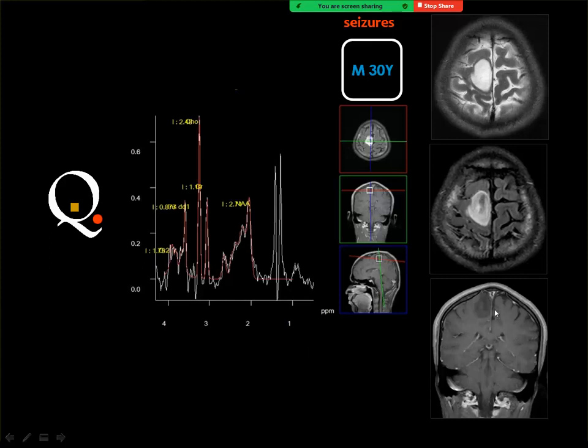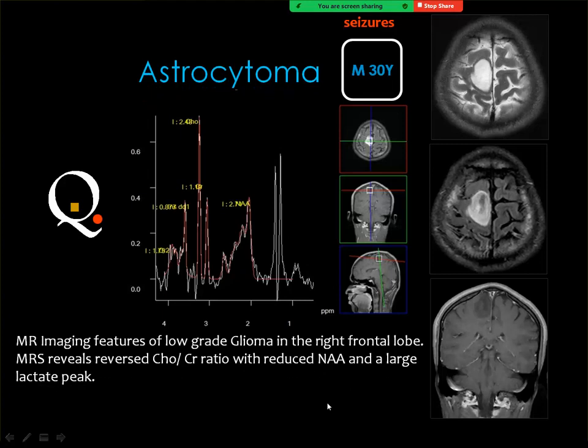The diffuse type does not enhance, and it will show the spectroscopic curve of a tumor in the form of depression of the NAA peak and the elevation of the choline peak, and also you got a high lactate peak. This is an astrocytoma, diffuse type.